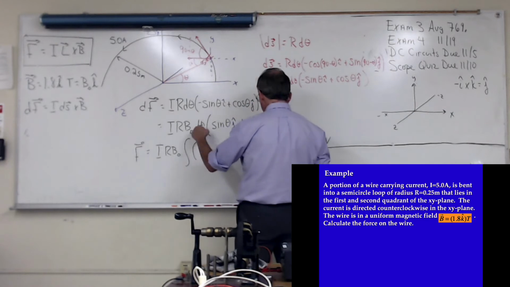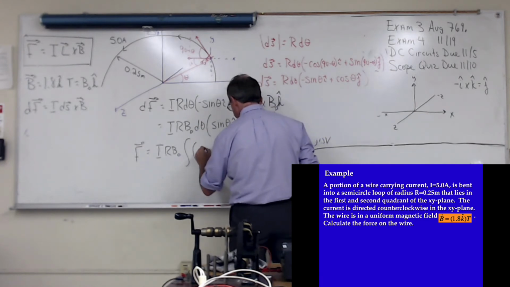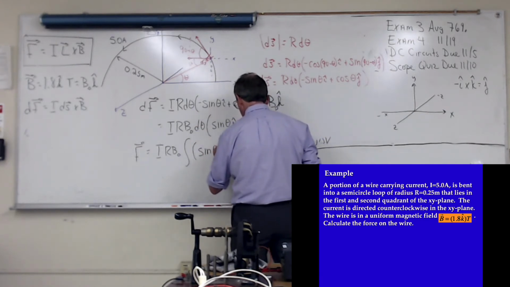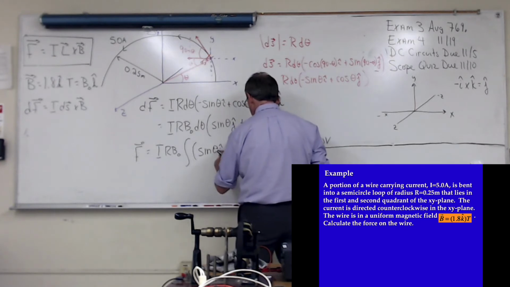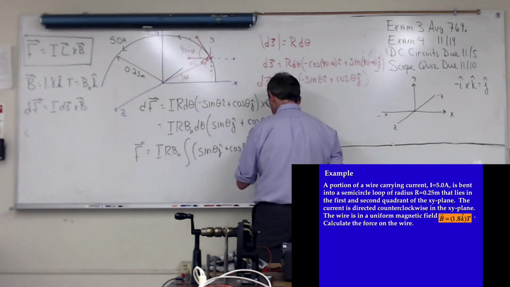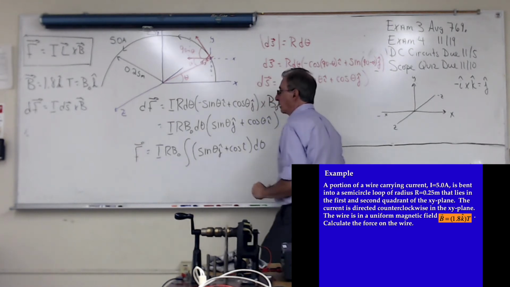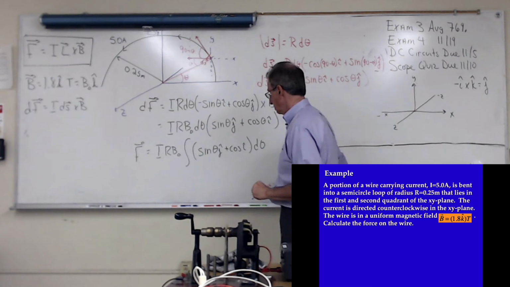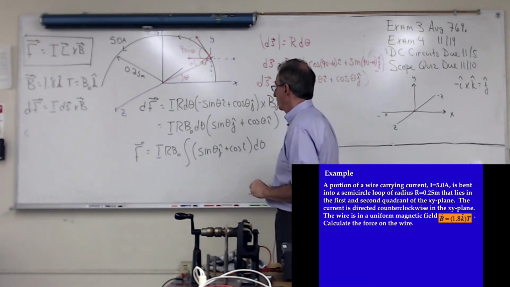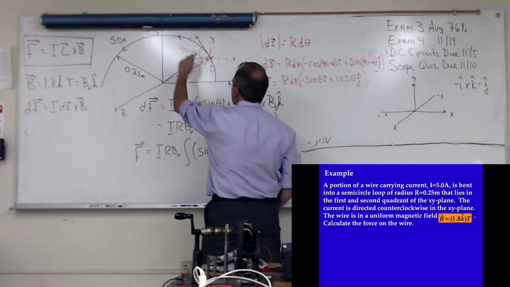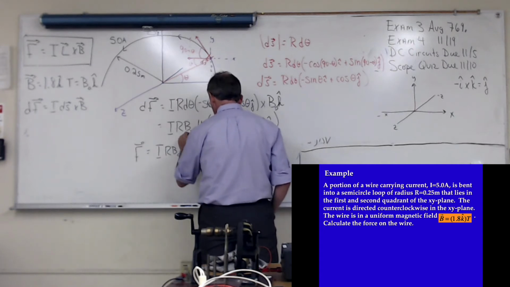I'm going to move the d theta on the other side. And what is my range of integration? I mean, I got to integrate 0 to pi. 0 to pi.